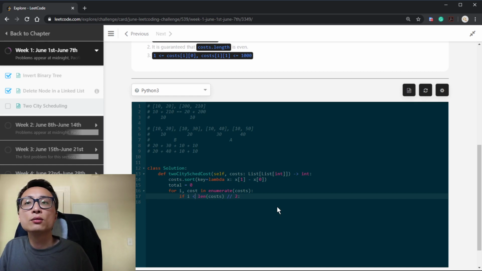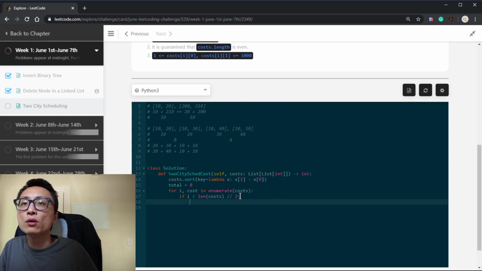So should I include this? Oh, less than. It should be less than. If we have 4, divided by 2 is 2. Starting with 0, so it's 0 and 1. So it's strictly smaller than.